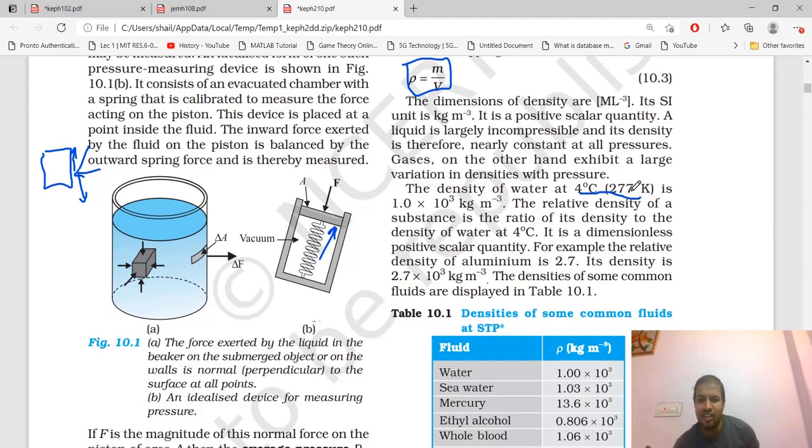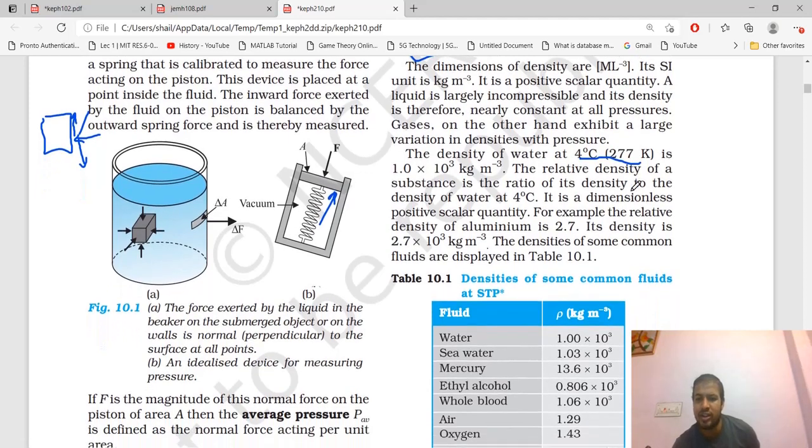The relative density of a substance is the ratio of its density to the density of water. So this is the reference point. Whatever the density of water at 4 degrees Celsius, we compare with it. It is a dimensionless positive scalar quantity. We are talking about relative density, not density.